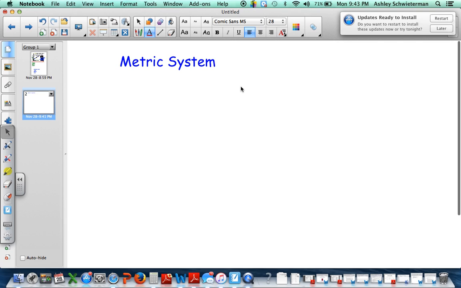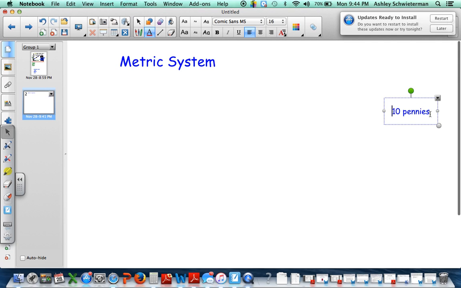It takes a specific amount to be equivalent to another amount. For instance, if I have a penny, it's going to take 10 pennies to equal a dime.